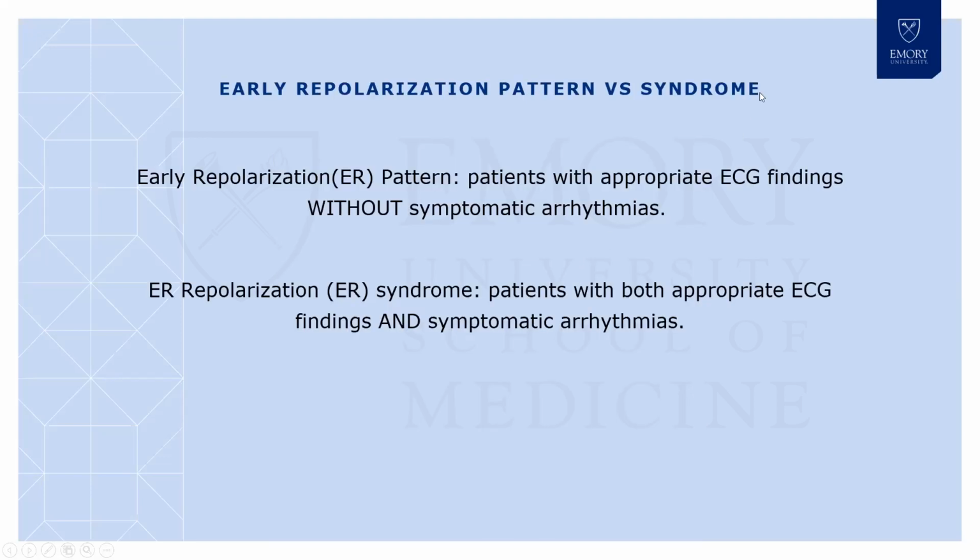It's important to differentiate between early repolarization pattern and early repolarization syndrome. This is similar to Brugada or other types of arrhythmias. Early repolarization pattern is just the EKG pattern that we already discussed, without symptomatic arrhythmias. Early repolarization syndrome is both the appropriate EKG findings and symptomatic arrhythmias, mostly VFib.